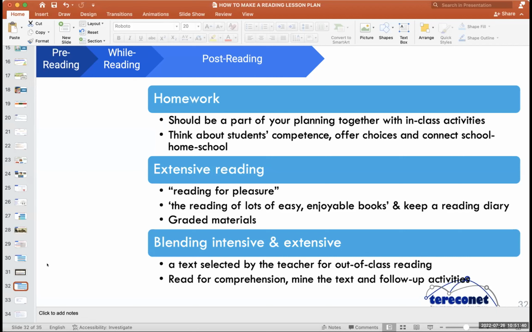Mình có thể select, đã có nghiên cứu về activity này, đó là giáo viên chọn material, và không phải chỉ một text mà có thể có 10 text chẳng hạn, và học sinh có thể chọn 3 hoặc 5 trong 10 text đó, xem cái nào mình hứng thú nhất thì các bạn đọc và sau đó sẽ có những comprehension question, có mind the text, có follow up activities, và các bạn ấy phải đọc bên ngoài giờ học, vì không thể nào có đủ thời gian để mình làm mọi thứ được.